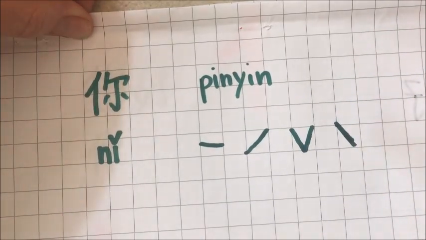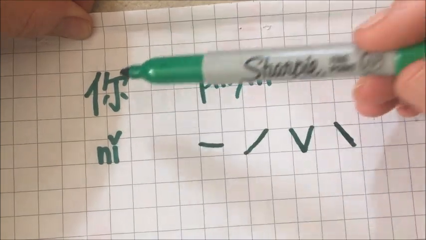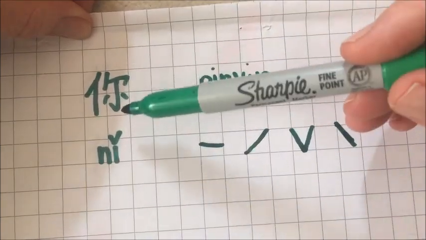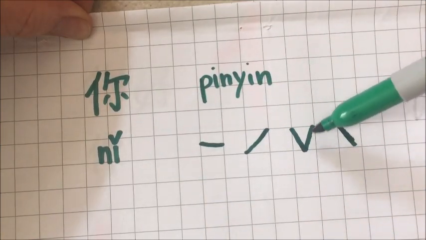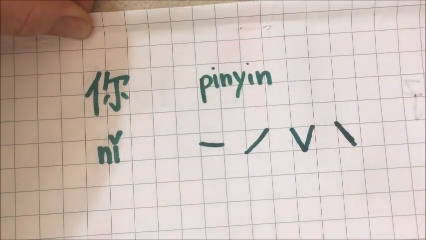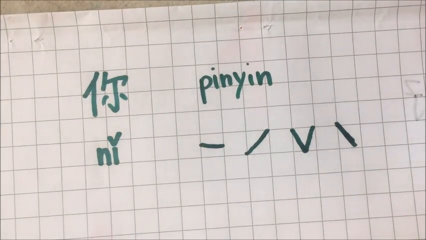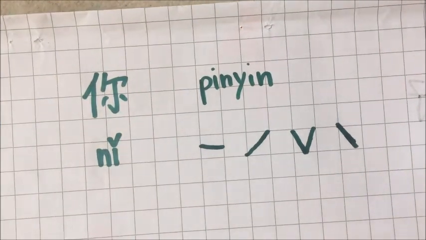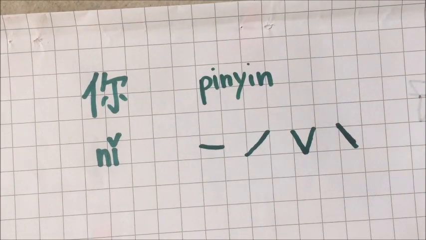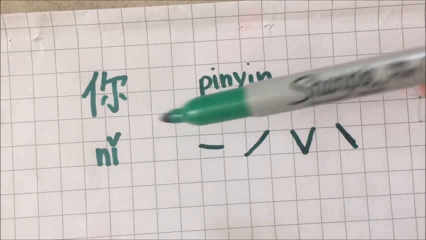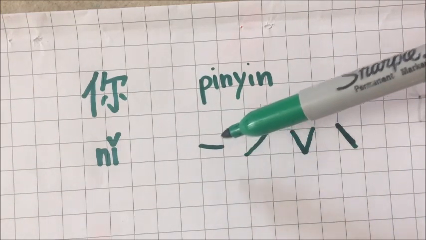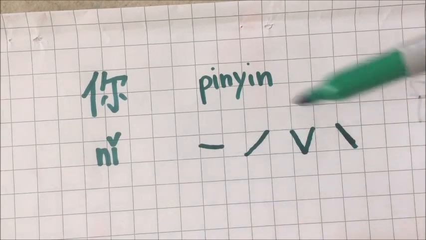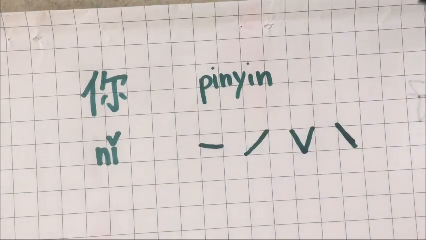Okay, so let me give you an example. Ni, which means you, has accent number 3. You can see it goes down and then back up. So ni is not just pronounced ni, but it's pronounced ni. And it's very important how to pronounce this sound, because ni with a first accent has a different meaning. Each accent will have a different meaning for the word.